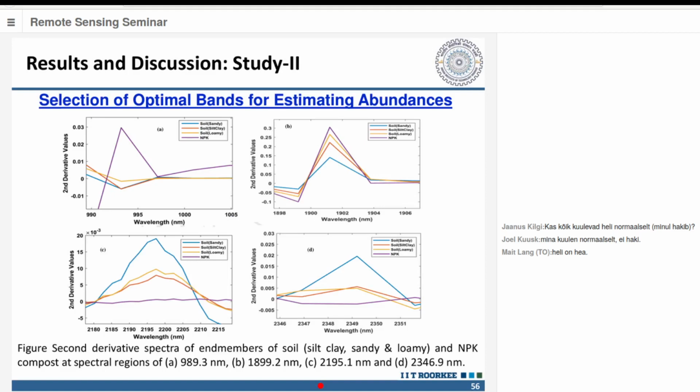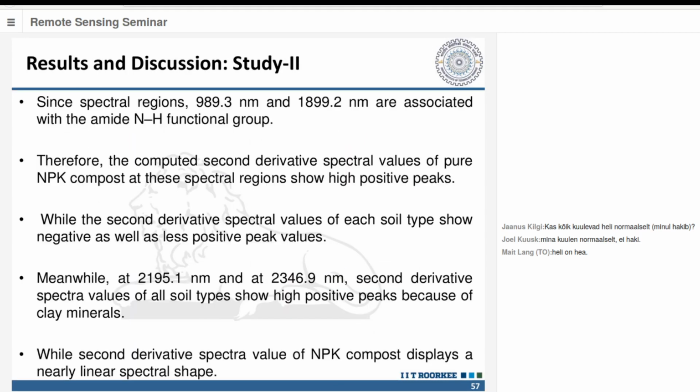And then I have calculated the second derivative values of all the pure samples. Since the spectral regions 989.3 nanometer and 1899.2 nanometer are associated with the amide NH functional group, the computed second derivative spectral values of pure NPK compost at these spectral regions show a high positive peak, while the second derivative spectral values of each soil type show negative as well as less positive peak values.